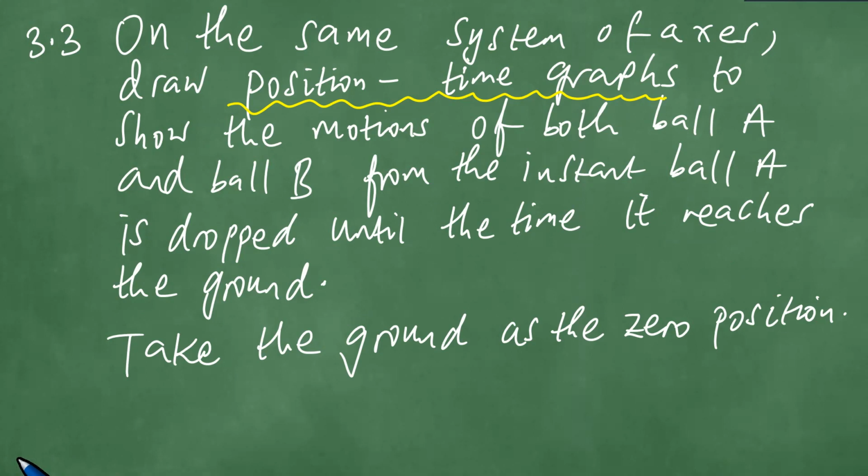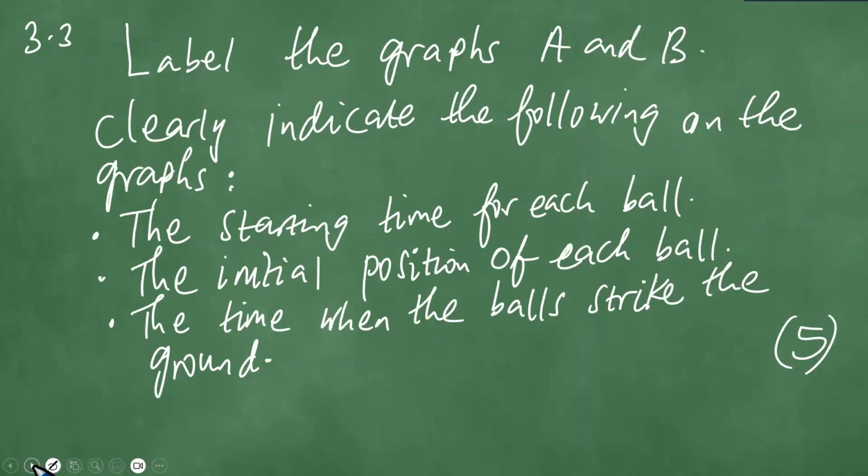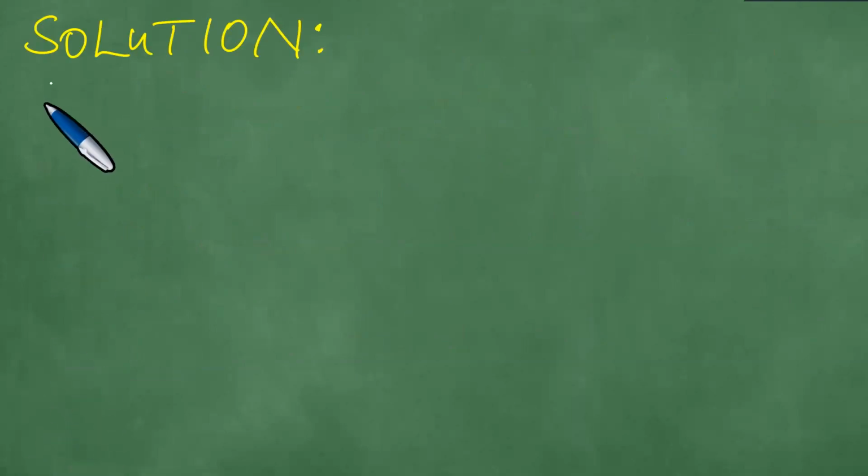Take the ground as the zero position. Let's look at these and how we can draw these here. We're looking at the solution to 3.3 right now.